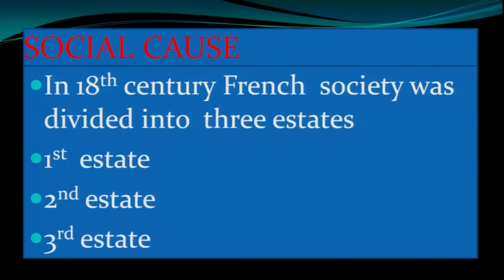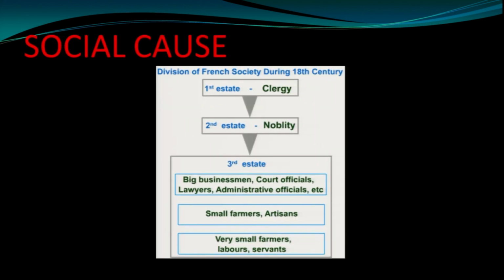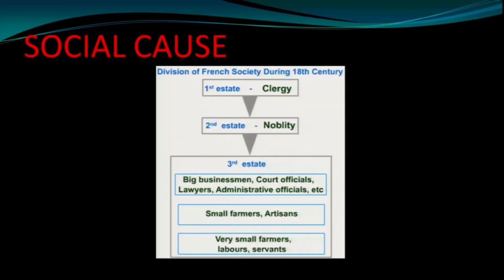social cause. During the 18th century, French society was divided into three estates: first estate, second estate, and third estate. The first estate consists of the clergy. Clergy means people who are related to the functioning of the church. The second estate was the nobles, who belong to aristocratic families.